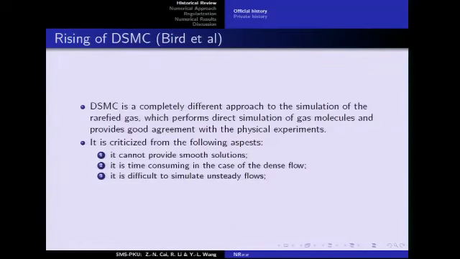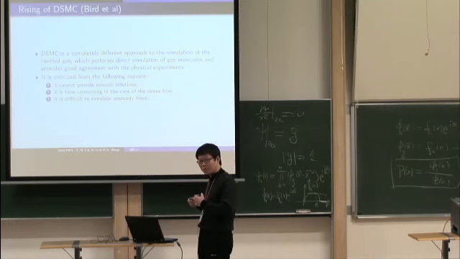Another thing we should mention in a similar topic is DSMC, the direct simulation Monte Carlo method. It even throws away the Boltzmann equation and directly carries out numerical simulation of molecules.